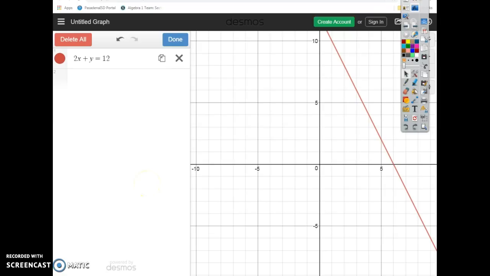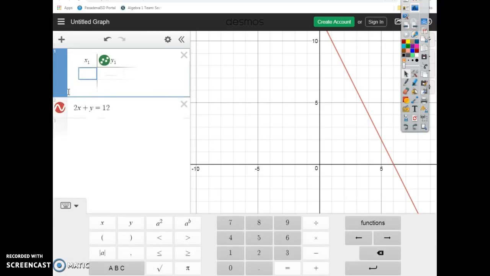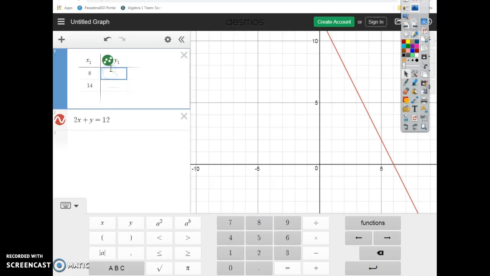Okay, so because this equation is in standard form, it's not going to show me the table. So what we're going to do is we're going to add a table. And we're going to add those points that we got for problem number 4, which was 8, enter, 14, and then on the other side I have negative 2 and 1.